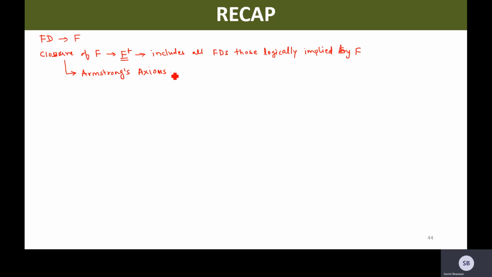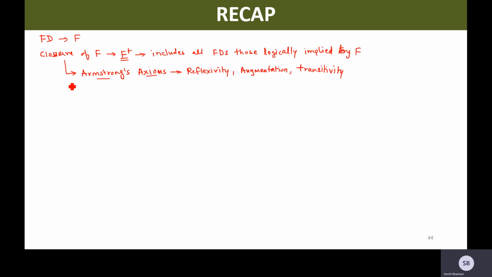Armstrong's axioms are the reflexivity rule, then we have augmentation, and further we have the transitivity rule. So these three are the Armstrong's axioms. These are the basic rules that we may use to compute F plus.